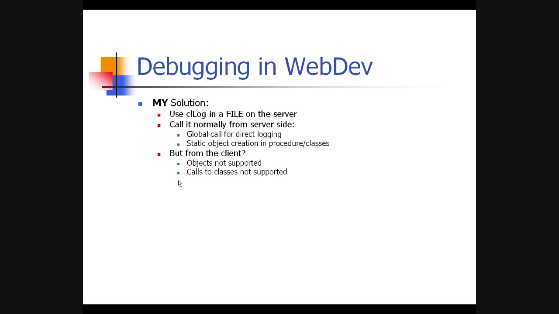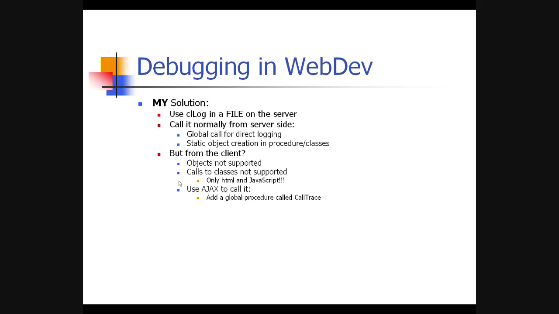But currently the calls to class methods are not supported. So there's only HTML and JavaScript on the client. But Ajax is available, and you can use Ajax to call my CLlog class. Here's how to do it. That's the trick.